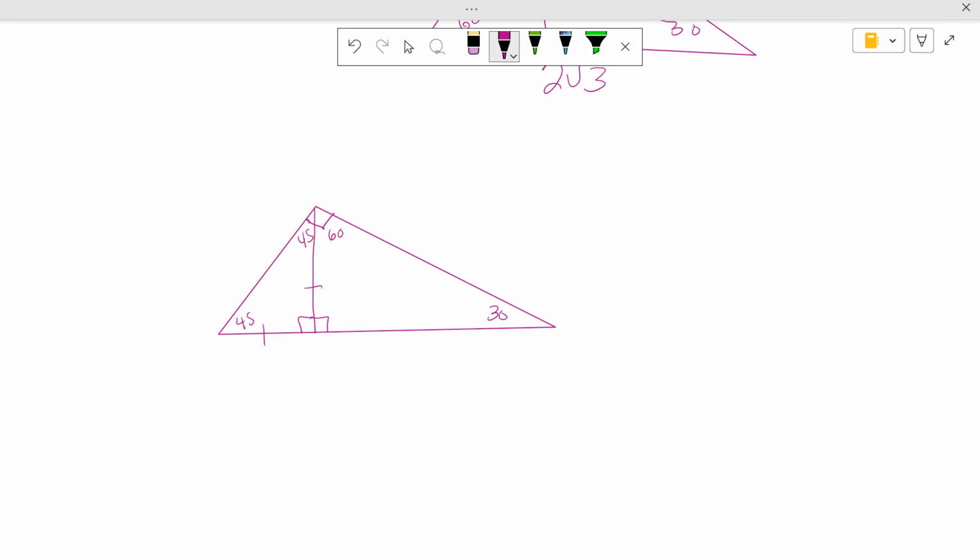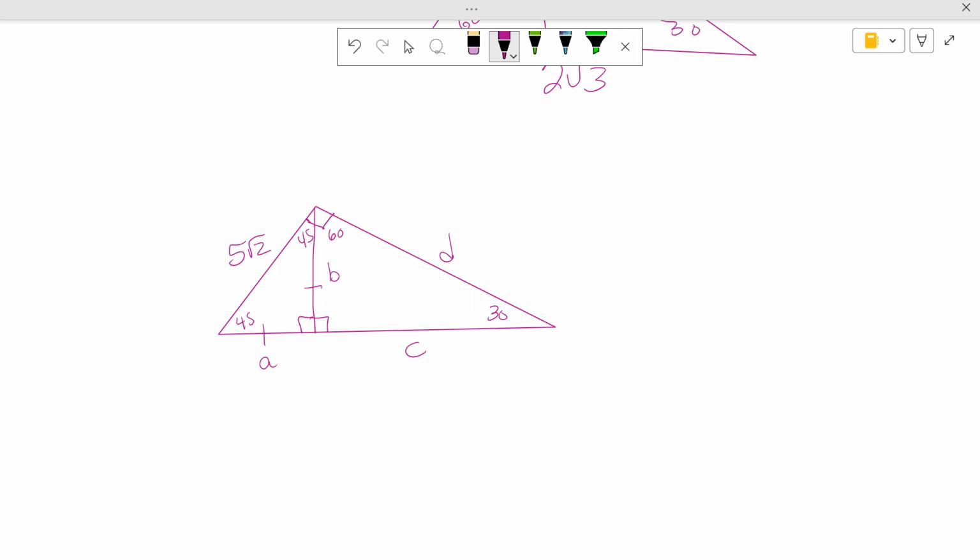Here's a 45, 45, 90 and a 30, 60, 90. Let's say this is 5 square root of 2 right here. Let's find A, B, C, and D. Now, this is the leg or the hypotenuse of the 45, 45, 90? Hypotenuse.